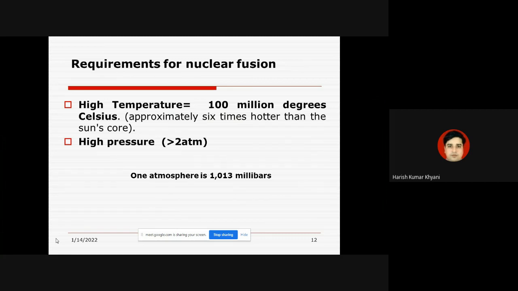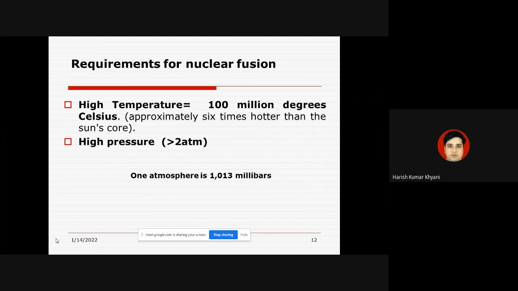So here the main thing is how this high temperature is obtained, and second thing is the container in which this reaction takes place should be capable of withstanding such a high temperature, right? So these are some issues with the nuclear fusion reaction.